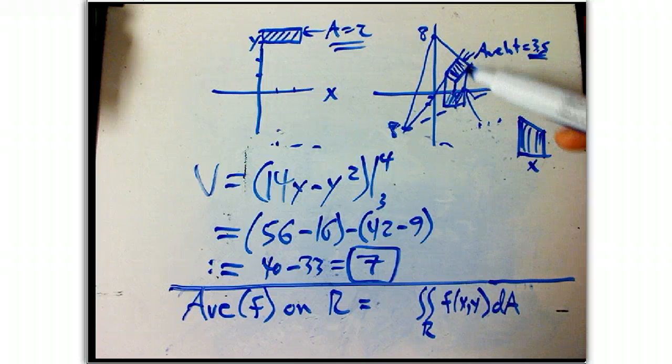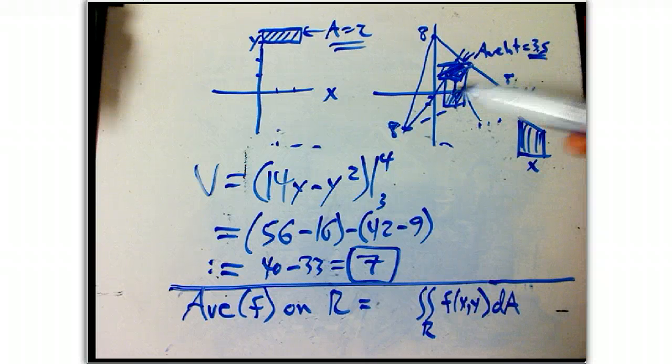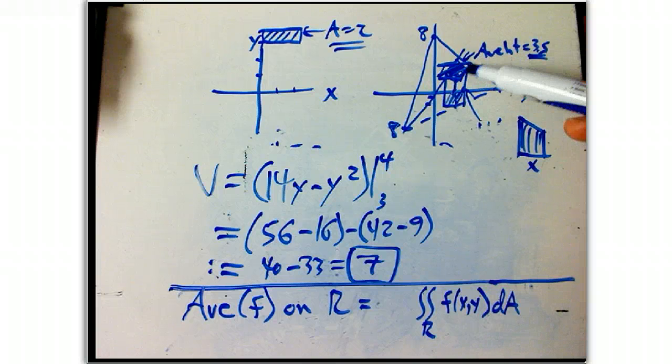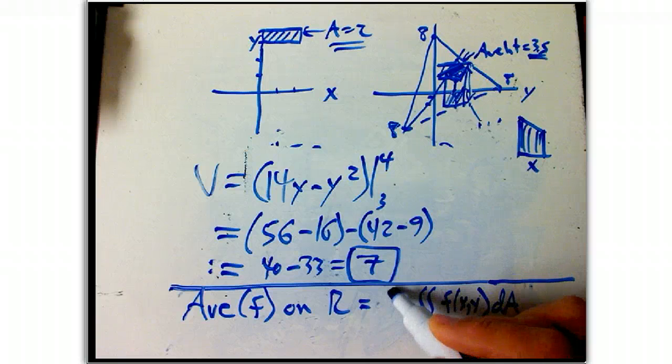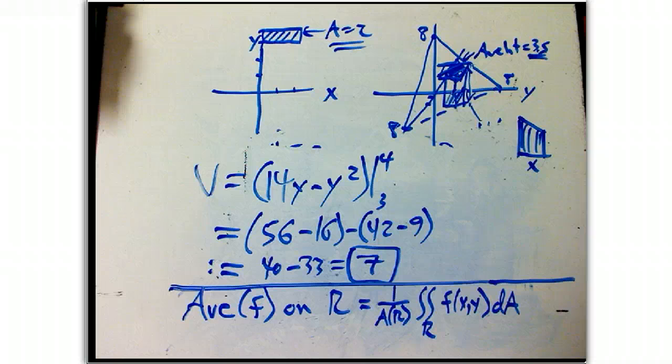If you can replace that with a box that has just a flat top that gives you the same volume, then that height should be the average. Or in other words, we're just going to divide by the area of the rectangle.